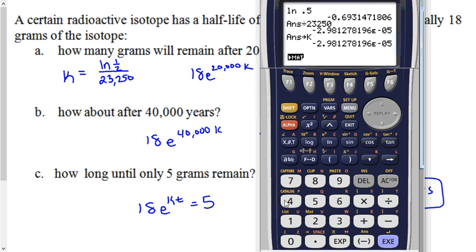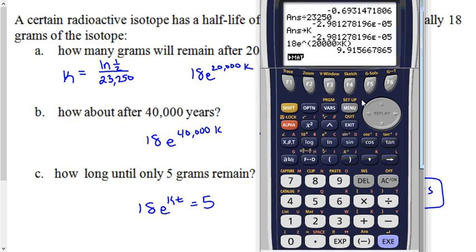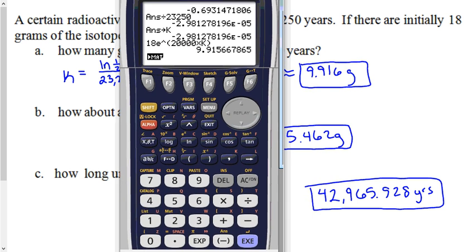And I just need to do 18,000. Sorry, 18,000. I need to do 18 and then times e to the 20,000 times k. Oops. Wrong button. There we go. And that's how we got 9.915 or 916 grams.